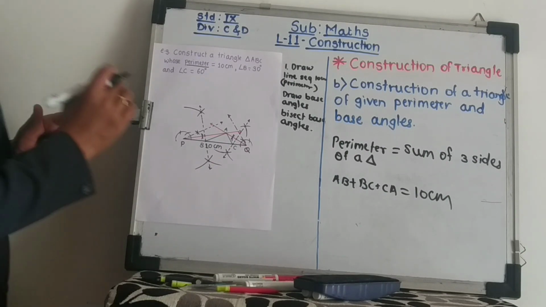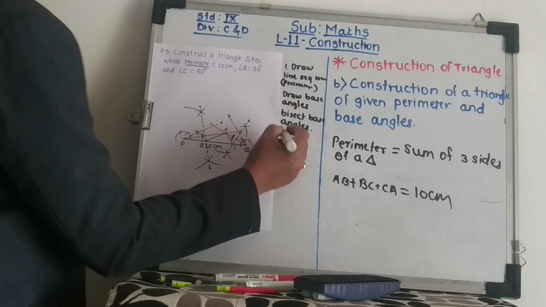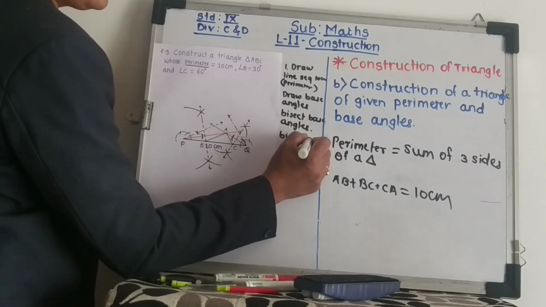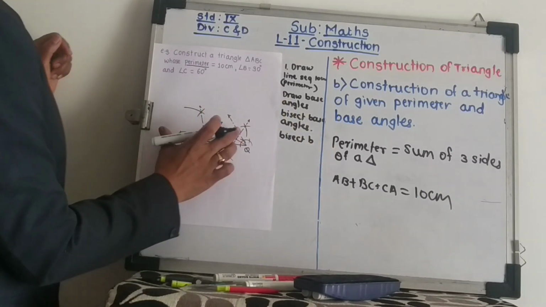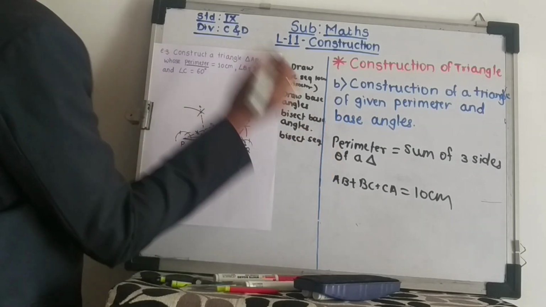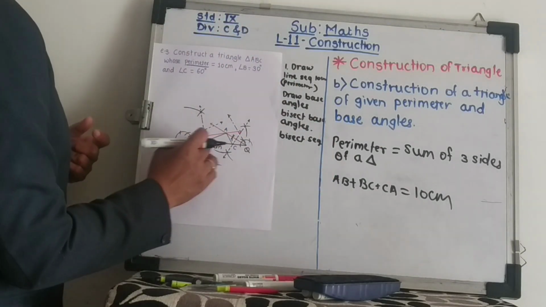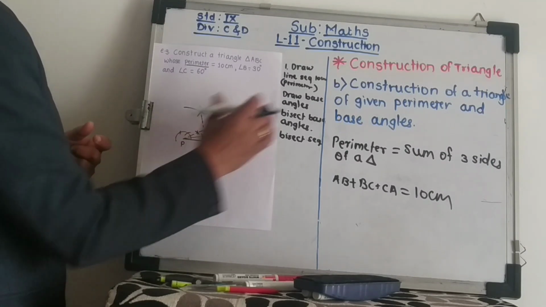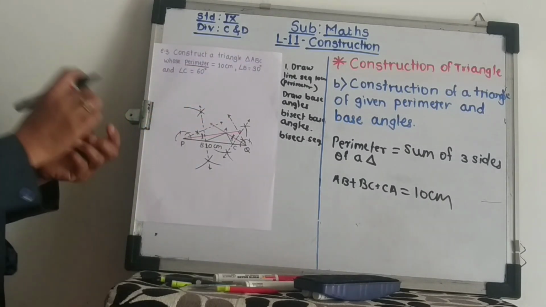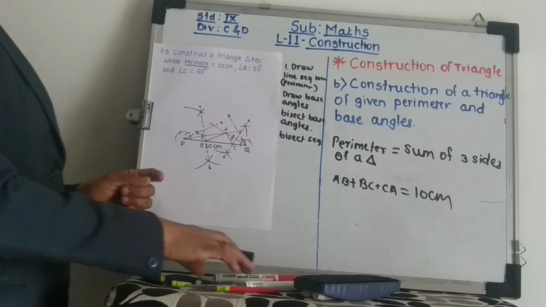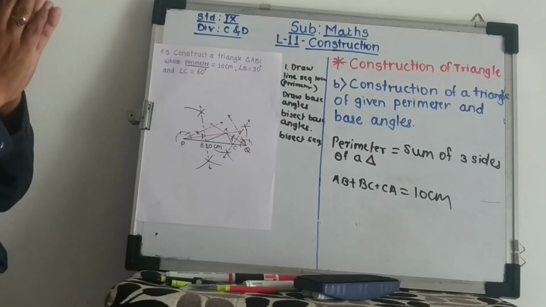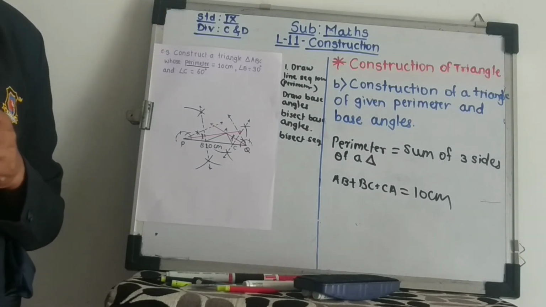Once we have bisected those base angles, bisect the segments of the angle bisector, where they cut the base line. There we are going to join. This is how we construct a triangle whose perimeter is given. Just remember all these things and keep them in mind. Got it?